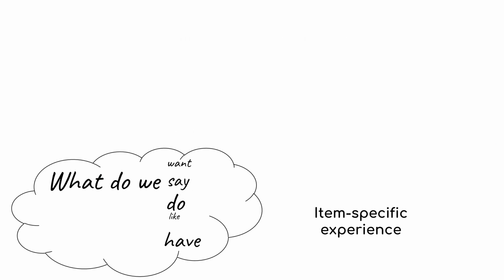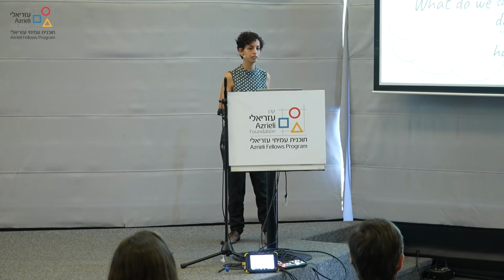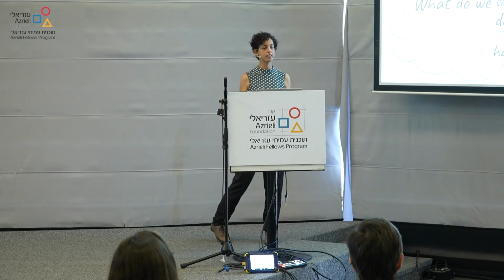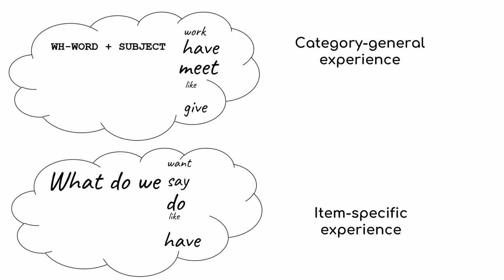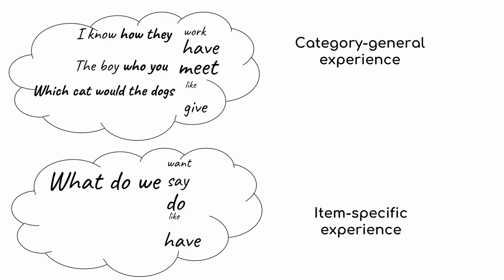So instead of using the string, "what do we," as a prompt for our lexical prediction process, we would use all sentences in our memory that share a structural property, for example, including a WH word, like what, who, when. This would give us a bigger set of comparison cases.